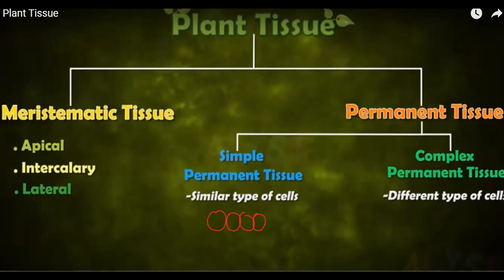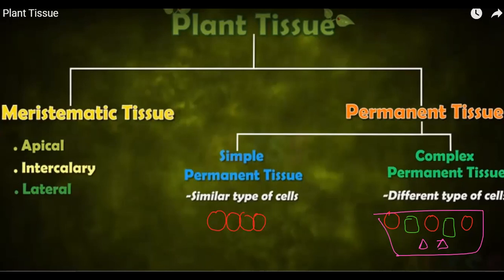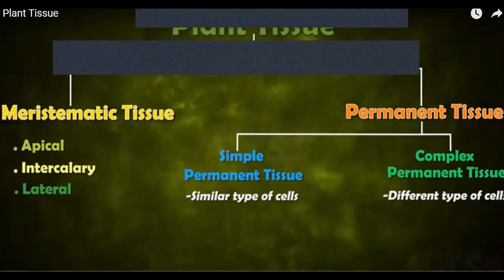But if we have different types of cells performing the same function, they will be considered complex tissue, which we will study later. So first we study permanent tissue: in simple permanent tissue, the same type of cells are present, and in complex tissue, different types of cells are present. So let's do this one.